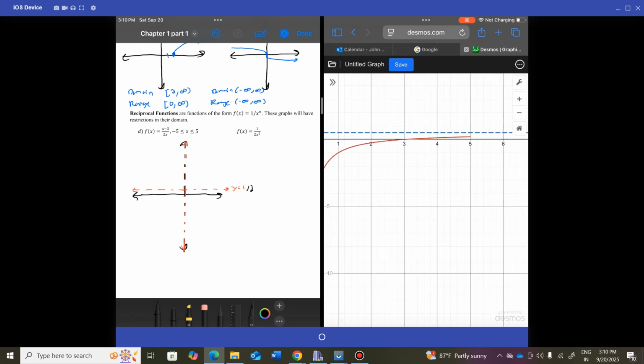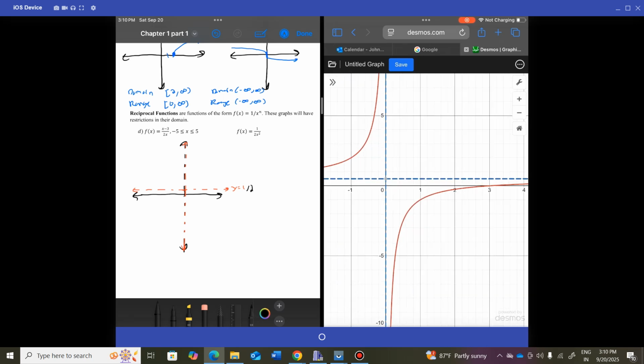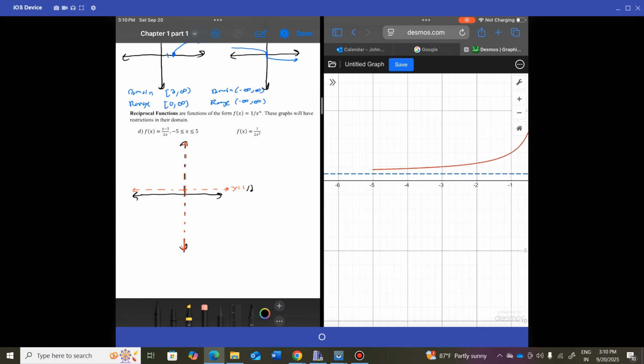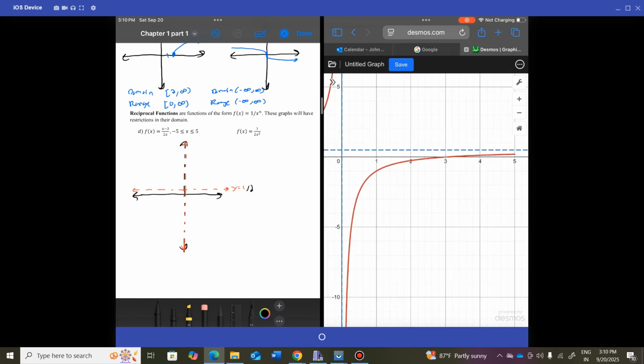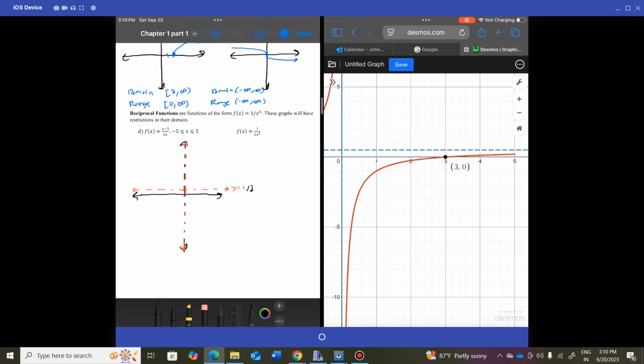So we can see it, the cost is the y-axis, but we can see that it's coming up to that y equals 1/2 point. It's not going to cross it. Same thing down here. It's coming down to that y equals 1/2 point. Right, so it has an x-intercept, which is 3, 0. That helps in drawing this.